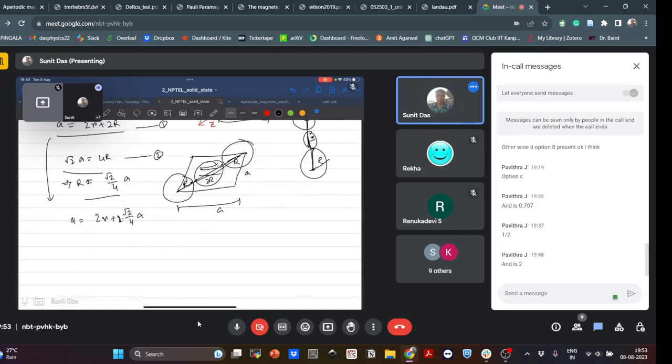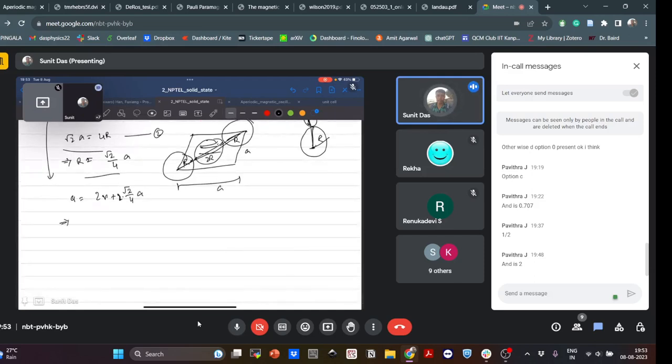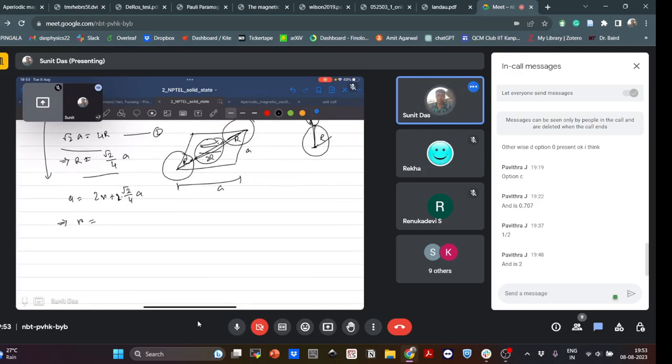We just need to find the smaller r, so smaller r will be half a times 1 minus root 2 by 2, right? This is small r, equation 3. And capital R we already know, equation 2 itself.